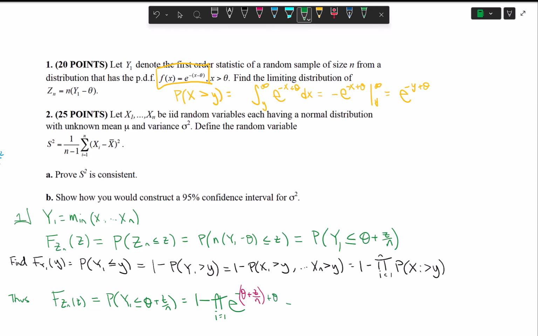And I could have plugged this in here before, and then taken the product and then substituted. That may have been more efficient. But we're just going to keep going.